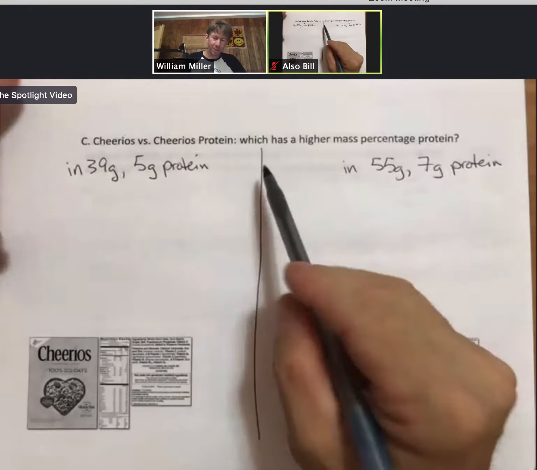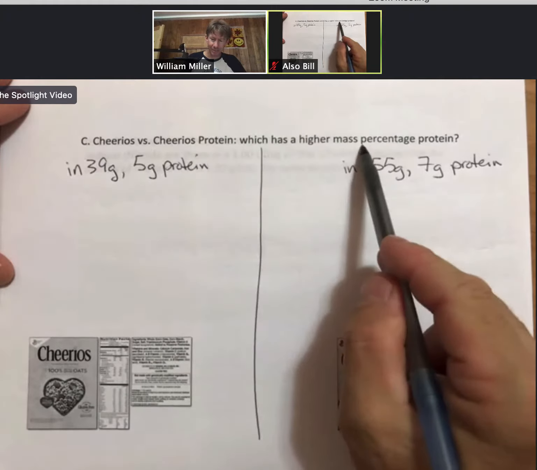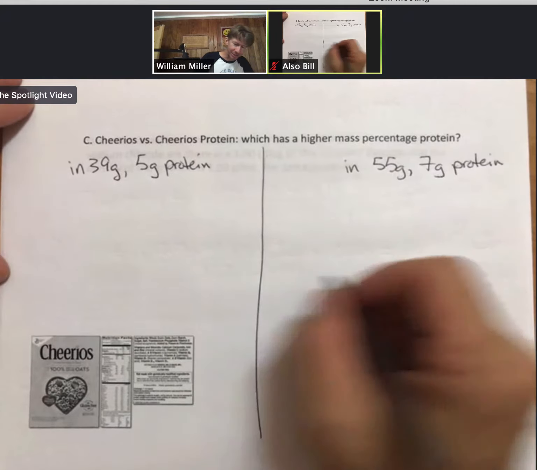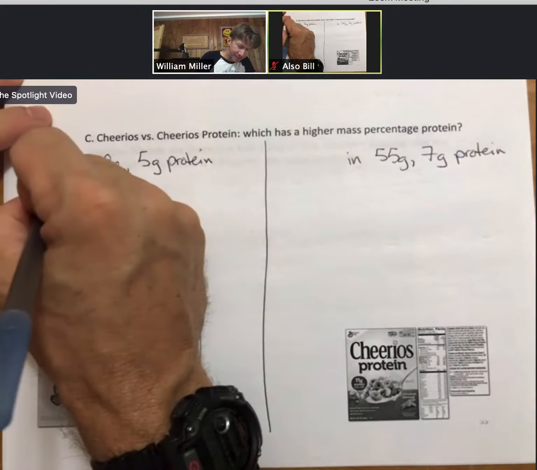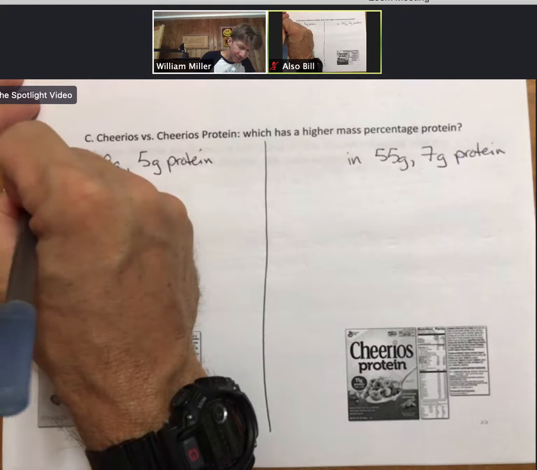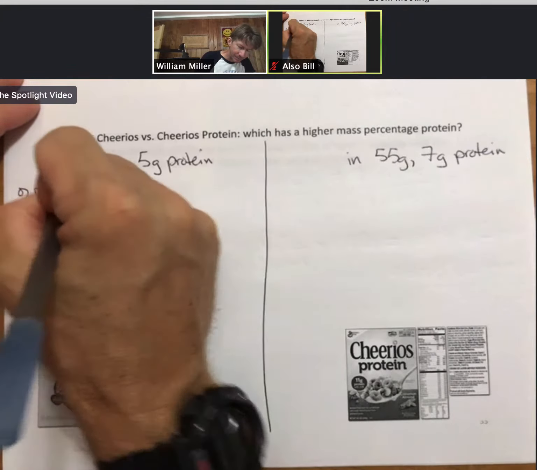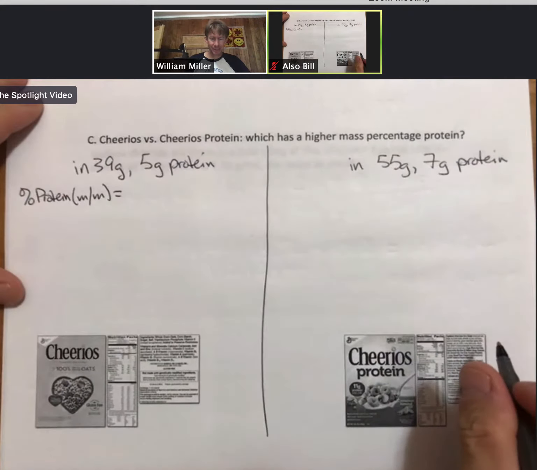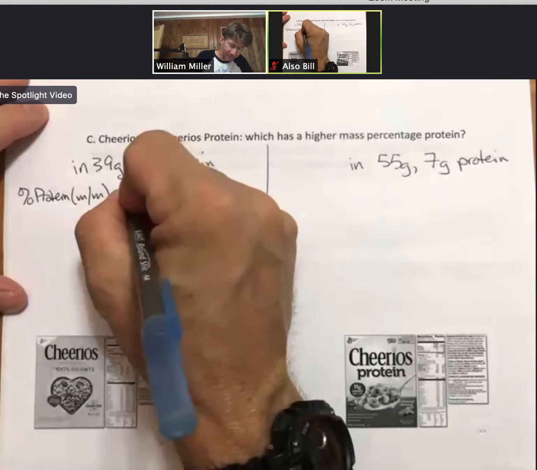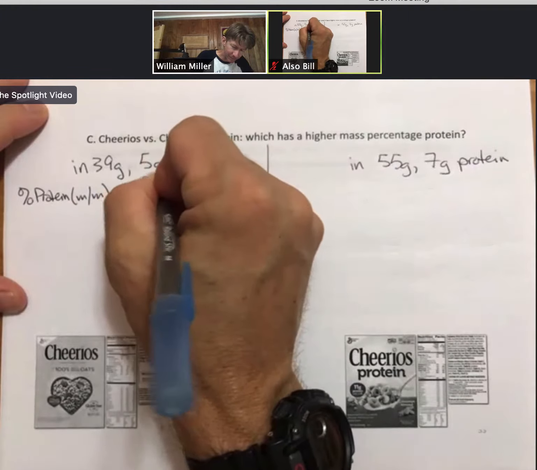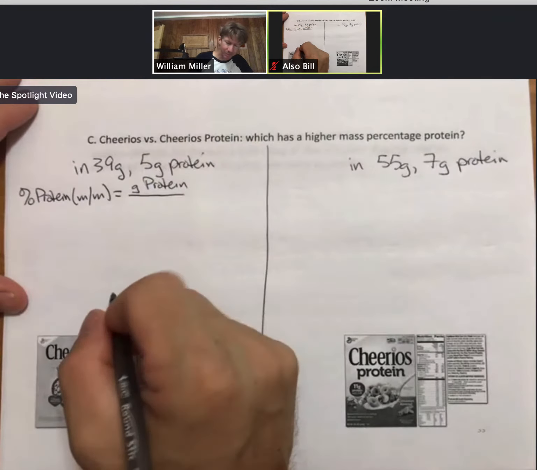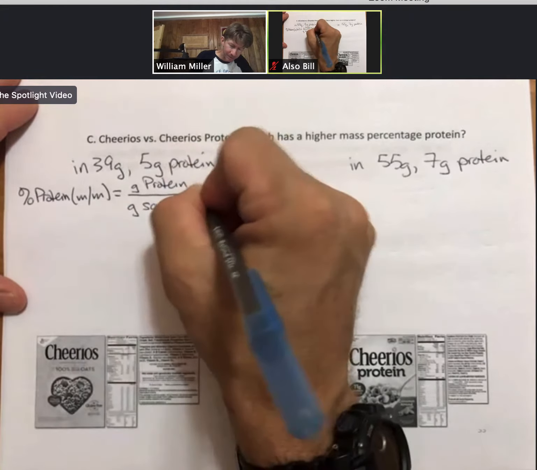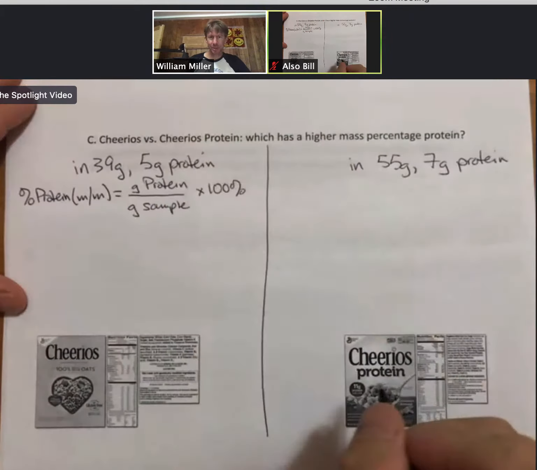And the question we're going to ask is, which has a higher mass percentage protein? And so we're going to do the same type of calculation. So it's going to be percent protein mass by mass, is this time going to be grams of protein divided by grams of sample times 100%.